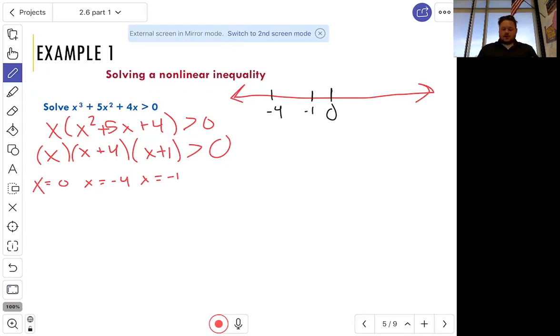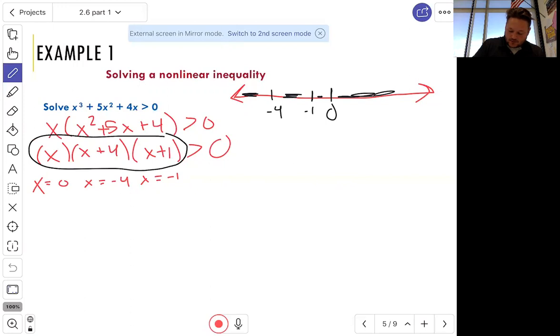Now I need to test a number to the left of -4, a number in between these two, another in between these two, and a number over here. Again, when I'm testing those numbers, I am plugging into the factored form.